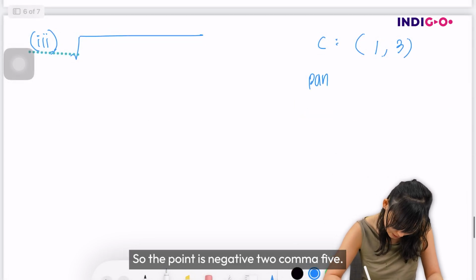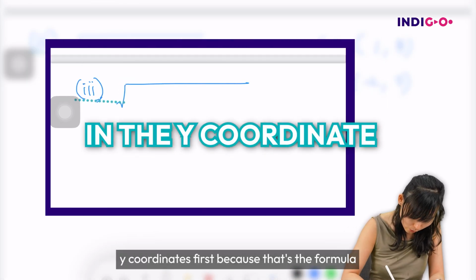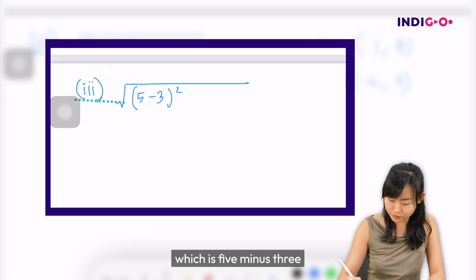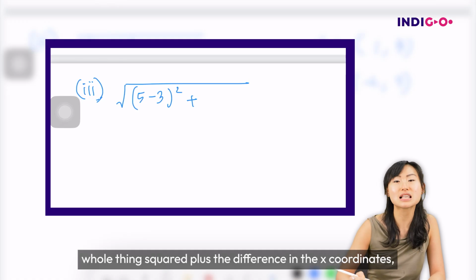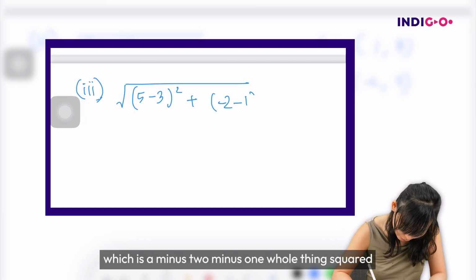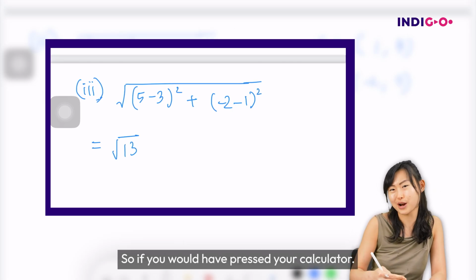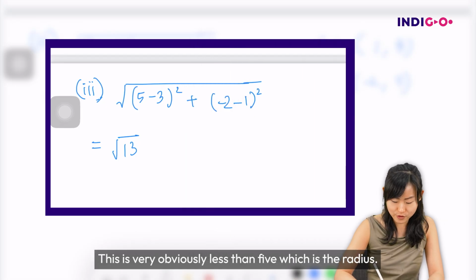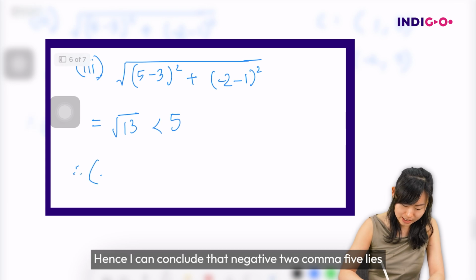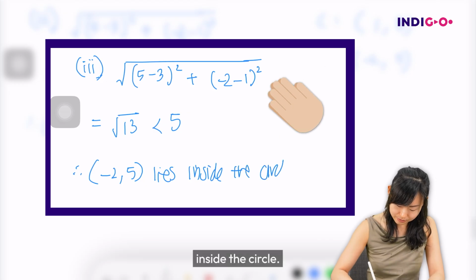I'm going to find the difference in the y coordinates first, because that's the formula to find the length of a line segment, which is (5 minus 3) whole thing squared, plus the difference in the x coordinates, which is (-2 minus 1) whole thing squared, and this is root 13. If you were to press your calculator, this is very obviously less than 5, which is the radius. Hence, I can conclude that (-2, 5) lies inside the circle.